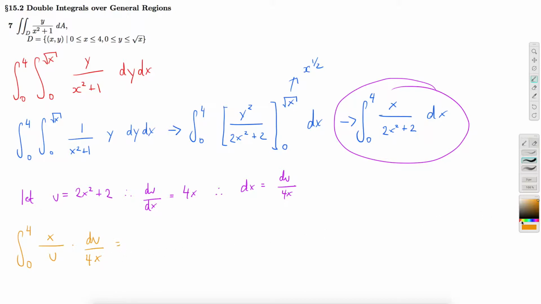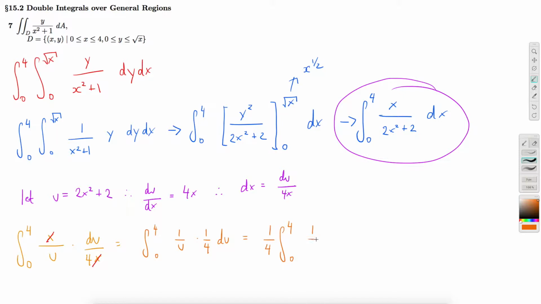And then we can say, hey, look, this x cancels with this x. Huzzah. And then we have 4, 0, 1 over u. We still have this 1 over 4 here, 1 over 4 du. We can take 1 over 4 out the front because it's a constant.